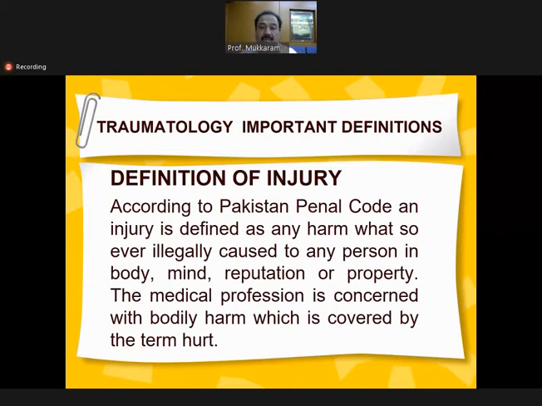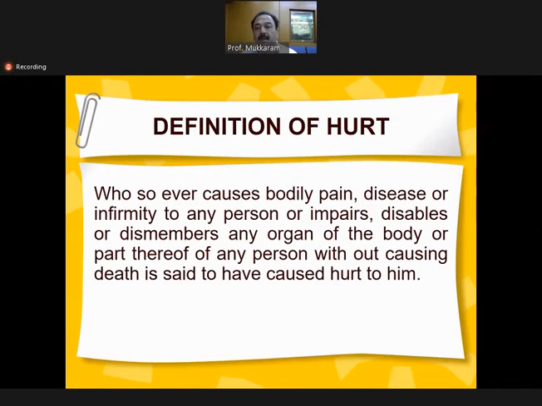So the definition of injury is: any harm whatsoever illegally caused to a person in body, mind, or reputation comes under injury. The medicolegal profession is concerned with only the mechanical injury. The injury produced by mechanical means comes under hurt.